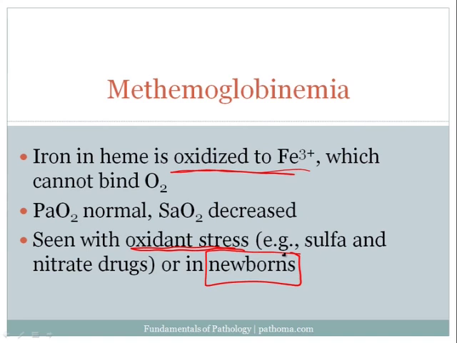So physiologically, we have enzymes that participate in creating the mediators necessary to reduce iron back to its 2+ state. Newborns, however, have machinery to do this that is a little bit immature, and so newborns are particularly susceptible to the development of methemoglobinemia.